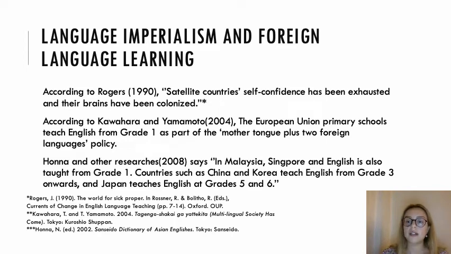Hannah and other researchers say that in Malaysia and Singapore, English is taught from grade 1. Countries such as China and Korea teach English from grade 3 onwards, and Japan teaches English at grades 5 and 6.